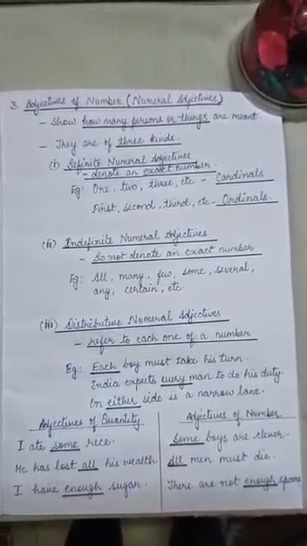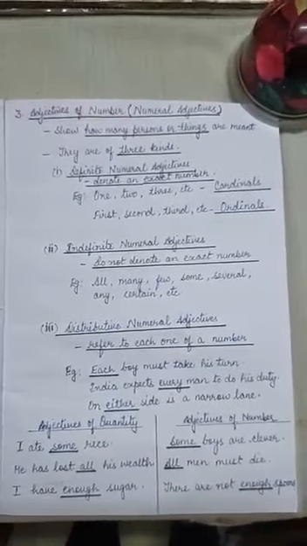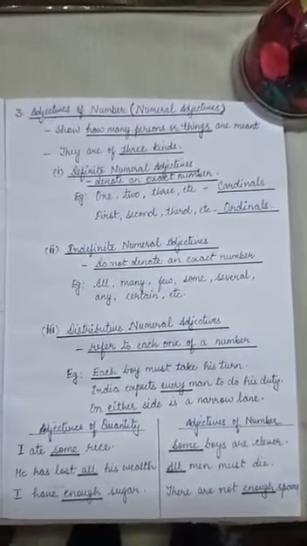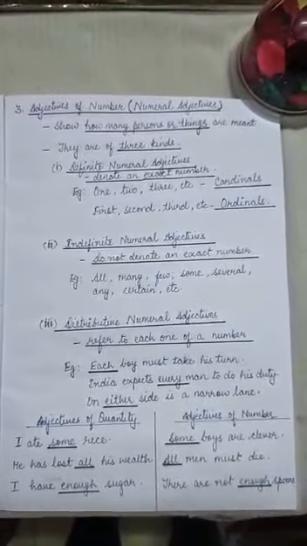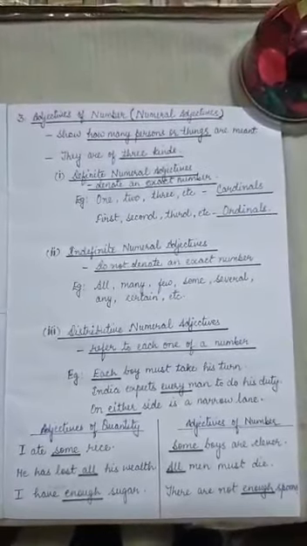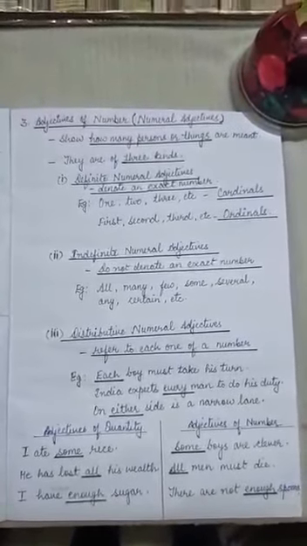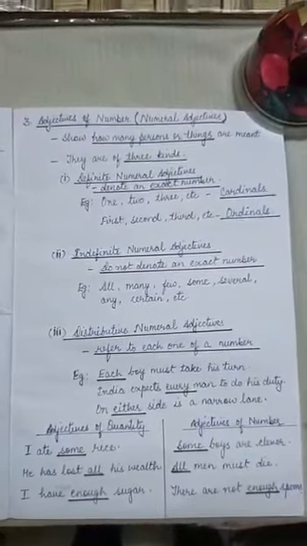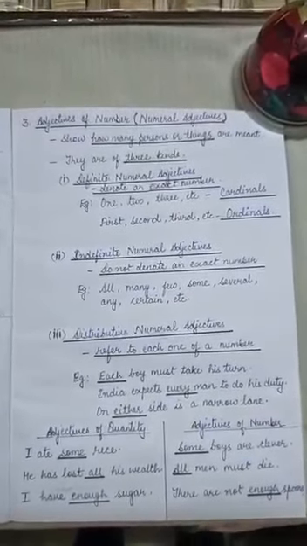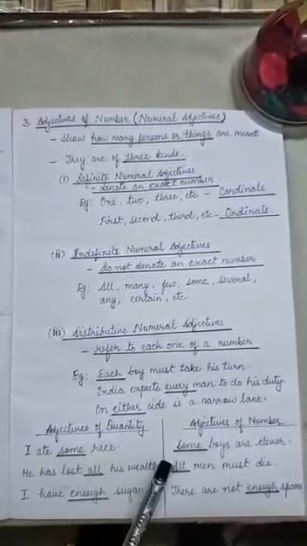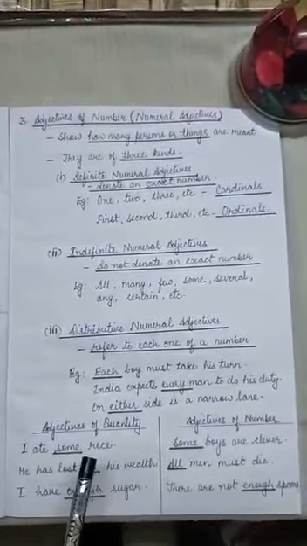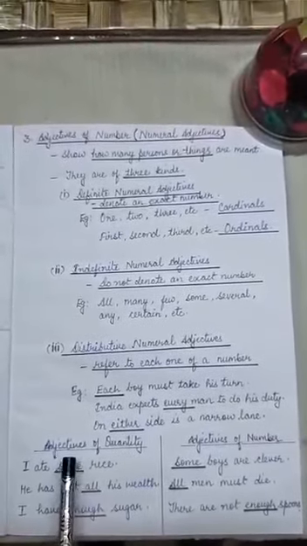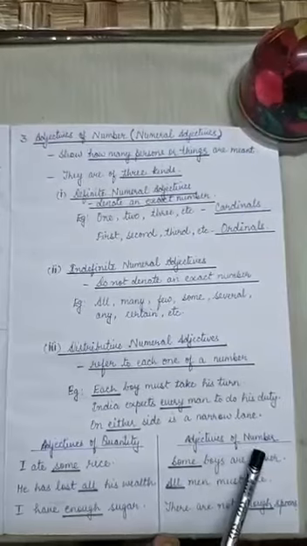Now students, there are a few adjectives which may be classed as adjectives of quantity or adjectives of number according to their use. Now I have written them in two columns, and these two columns are titled adjectives of quantity and adjectives of number.